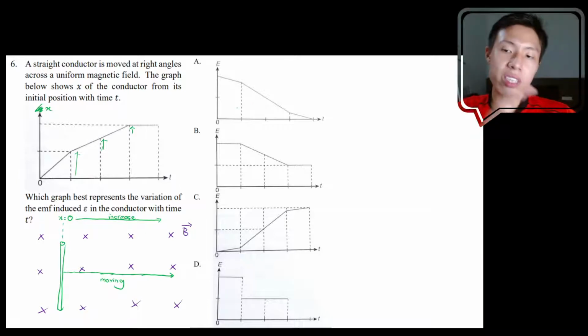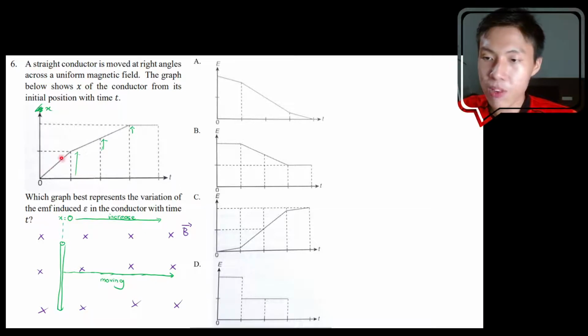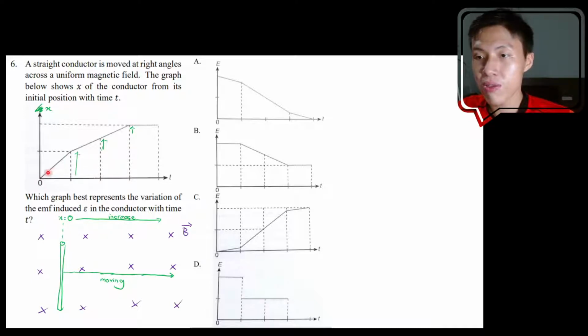Okay, so technically, this diagram is going to tell us how fast the straight wire conductor is moving. If you see that the gradient is very steep, that means it undergoes a very big change in position within a short amount of time. Then that means it's moving very fast.